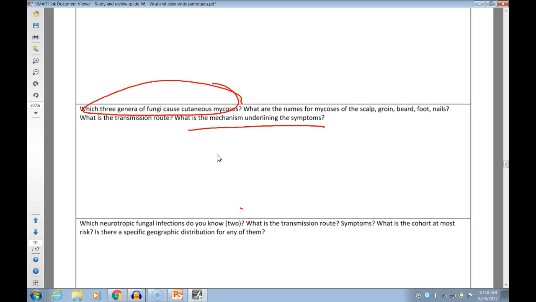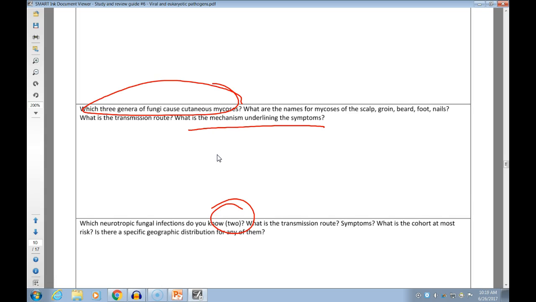Neurotropic fungal infections. We talked about Cryptococcus neoformans, and what was the second one? Not Histoplasma. We talked about Histoplasma, Pneumocystis, Coccidioides immitis.